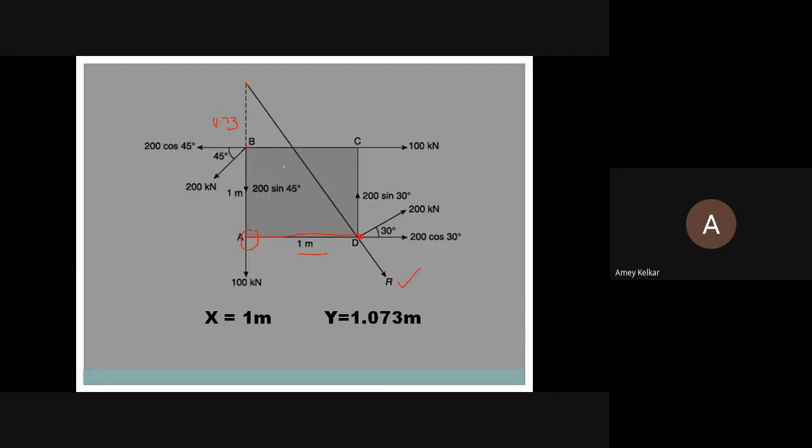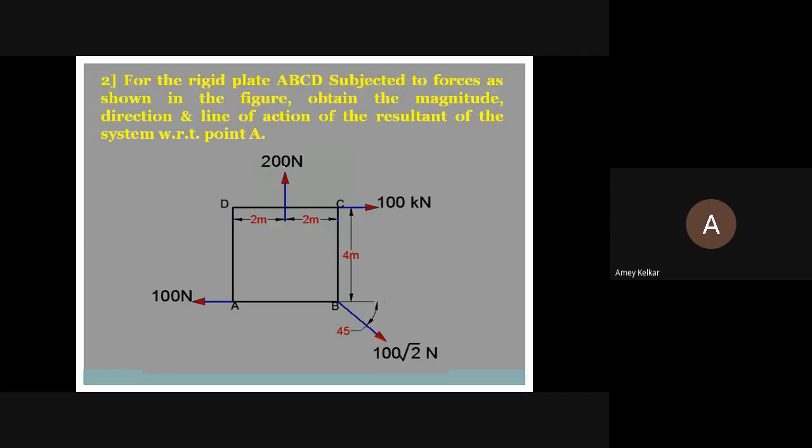So this is an example where we try to understand how we apply moment in solving examples on non-concurrent force systems. Here we plotted our resultant. You'll have a lot of doubts. It is expected, not to worry, because this moment concept is difficult for students to understand even in the classroom. Similarly, I'll solve one more example in tomorrow's class.